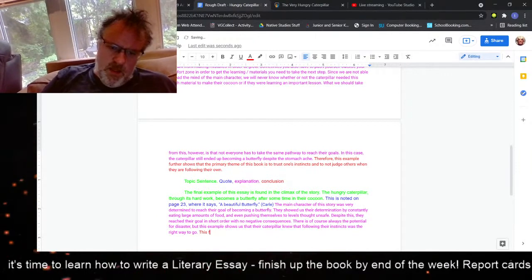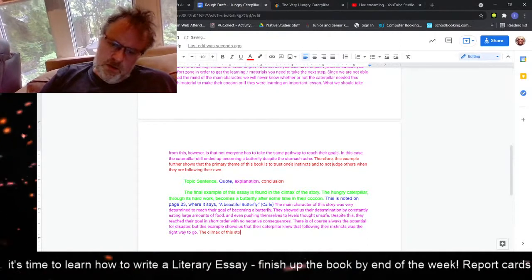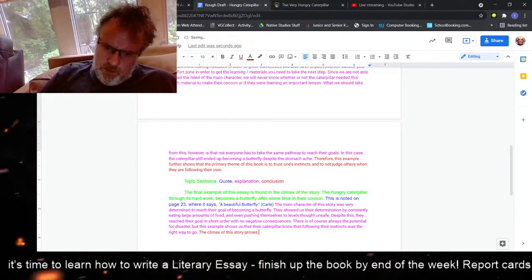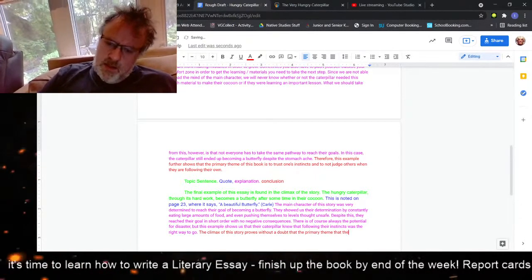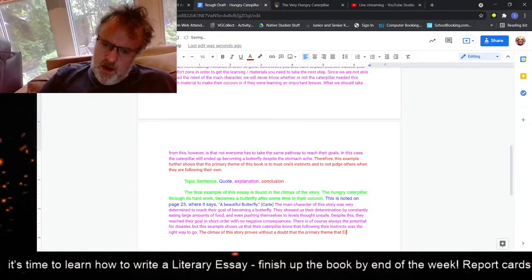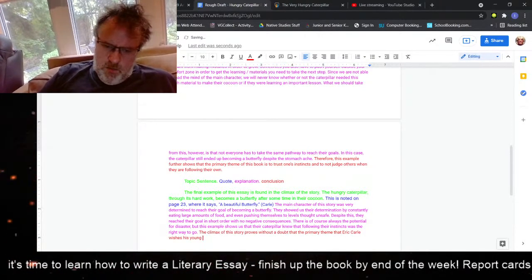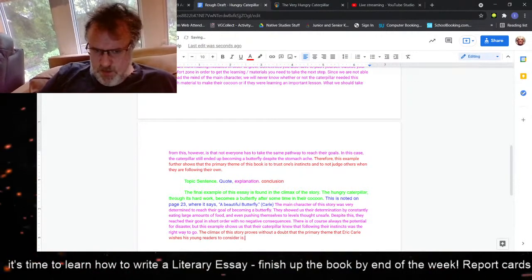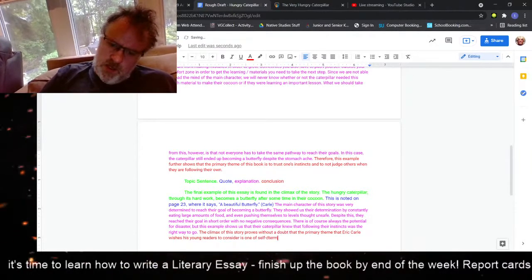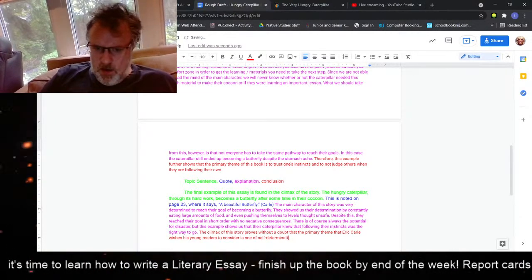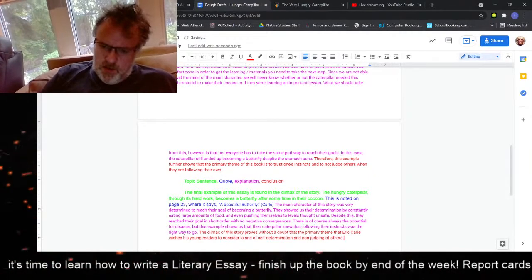Let's just say the climax of this story proves without a doubt that the primary theme that Eric Carle wished his young readers to consider is one of self-determination and non-judging of others.